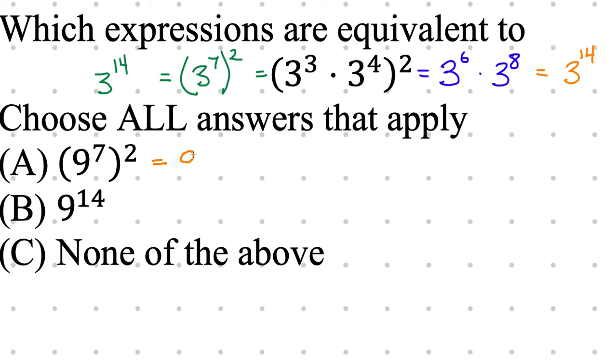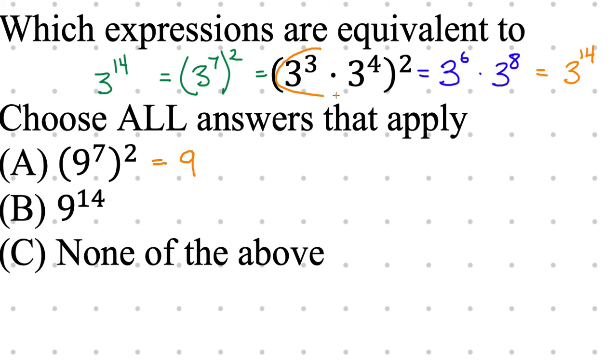A is what happens when you multiply the 3 over 3 by the 3 over 3 exponent 4, which will equal 9 exponent 7. But it's still in parentheses with the exponent 2. So you have to be careful there.